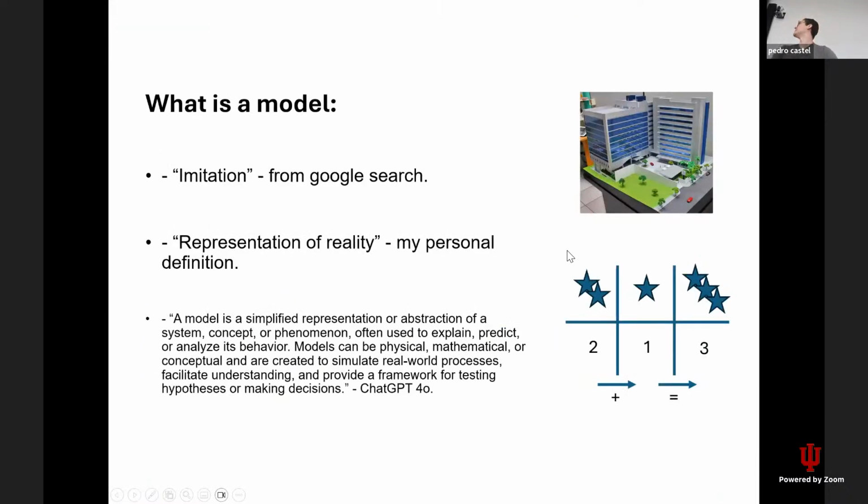This is my slide about models. What I think is that a model is a representation of reality. And I like to use this figure on the bottom right. The way we do summation, we have two things, we join another thing, and then we have three things.